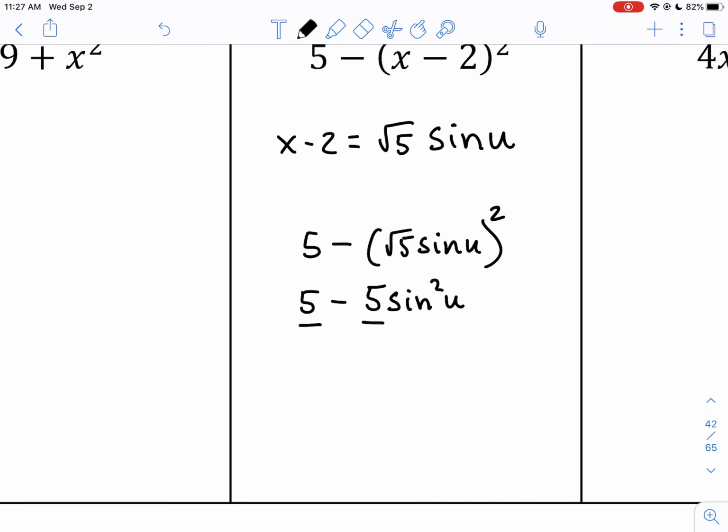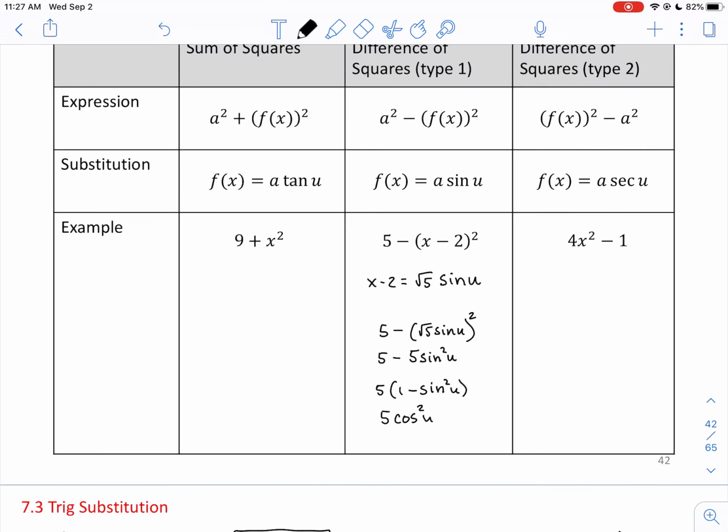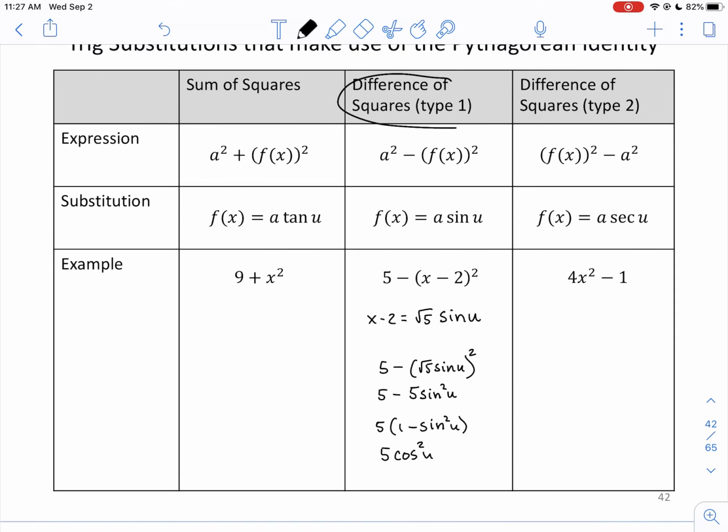We want these two numbers to be the same ultimately, so that it can be factored out. And that leaves now a clean 1 minus sine squared, which we can convert to cosine squared using the Pythagorean identity. Now let me show you the other two types. I call this the difference of squares type 1, where you have a number minus a function squared. That's when you use a sine in your trig substitution.